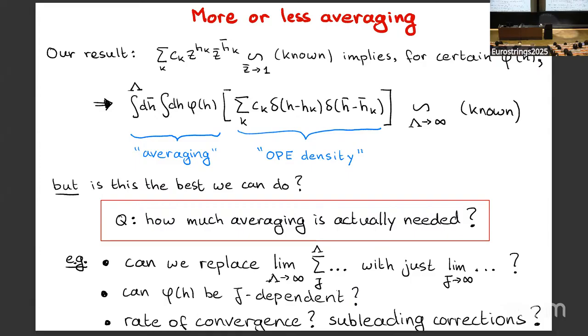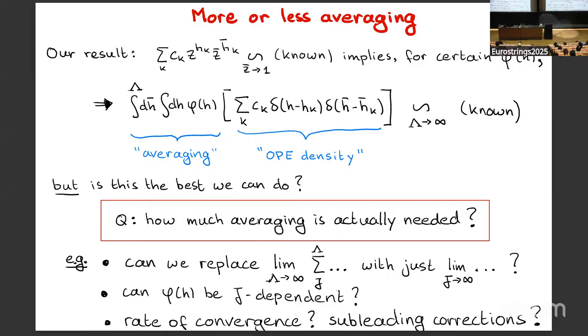So I guess you can call it more or less averaging. In a certain sense, what are we doing? We have this kind of decomposition, maybe with conformal blocks, maybe with monomials. We know what happens as z bar goes to 1. And then for certain test functions, we show that if you take this OPE density, which here is a monomial density, but you can make it for conformal blocks, it would be the density of operators.